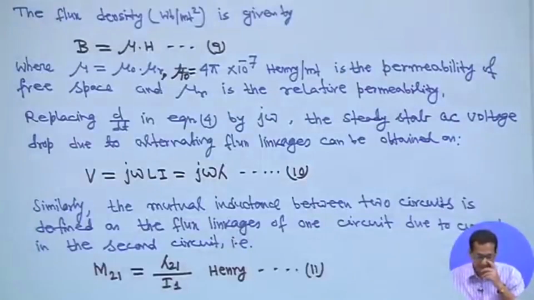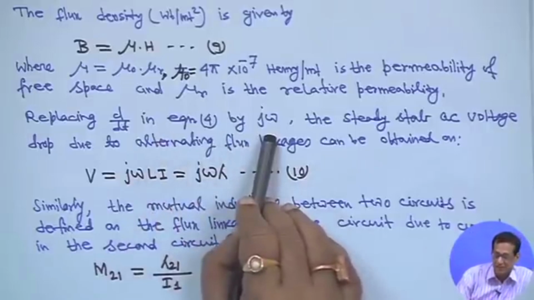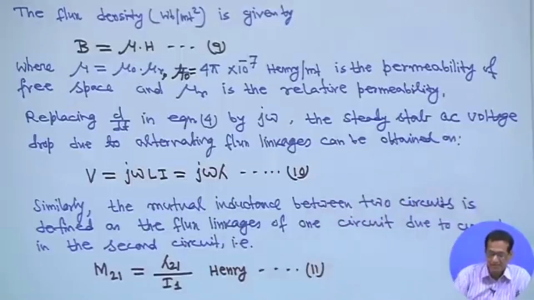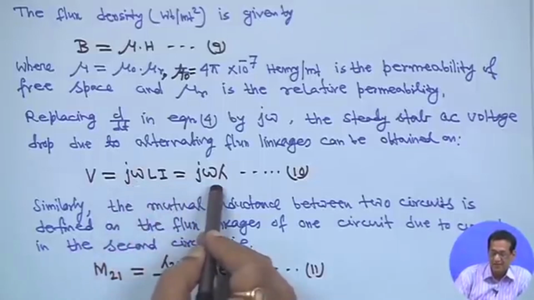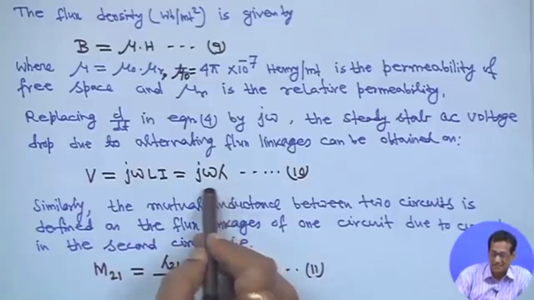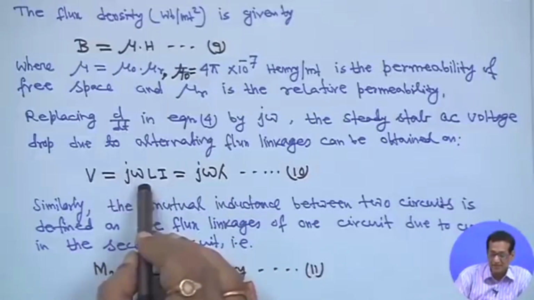In that case, in equation 4, if you replace d by dt by j omega, the steady state AC voltage drop due to alternating flux linkages can be obtained as V equals j omega Li, that is j omega lambda, where lambda is equal to Li. So, this voltage drop is V equals j omega Li.